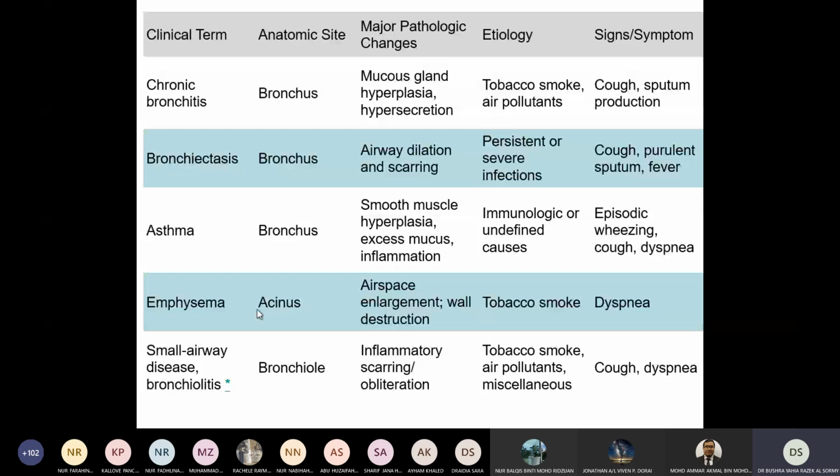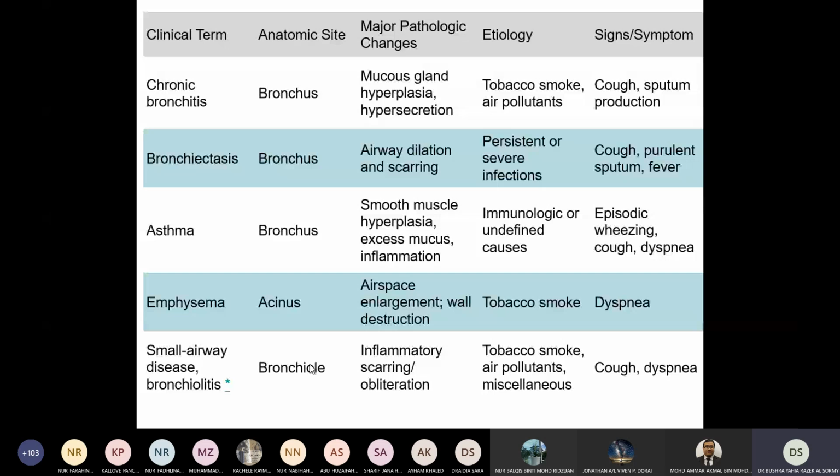Emphysema is due to airspace enlargement and wall destruction. The trigger or etiology is tobacco smoking, as in chronic bronchitis. Also there is dyspnea. If a patient has cough and sputum, that means he already has two existing conditions, both bronchitis and emphysema, but most emphysema usually has only dyspnea.